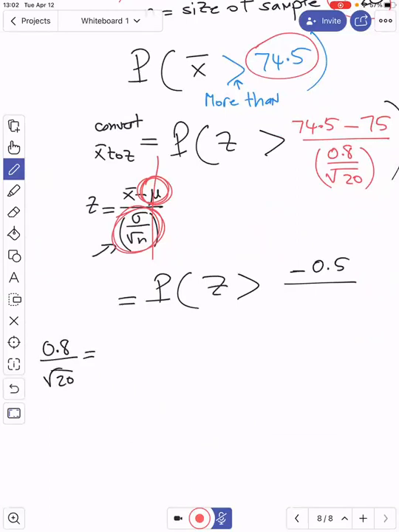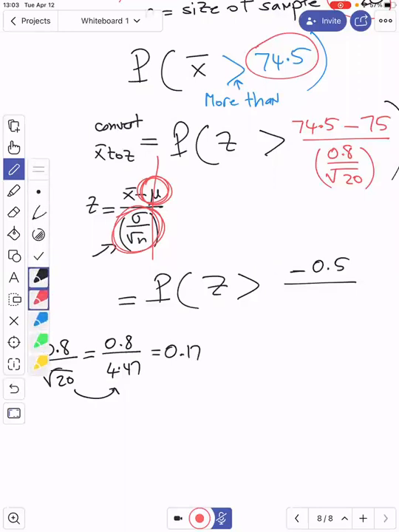Square root of 20 is about 4.47, and you need your calculator for that. Dividing 0.8 by 4.47 gives 0.17.